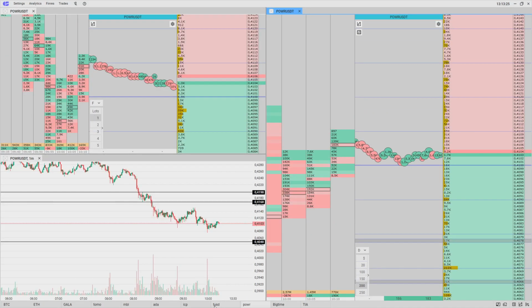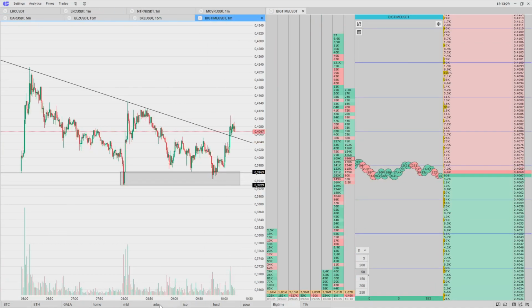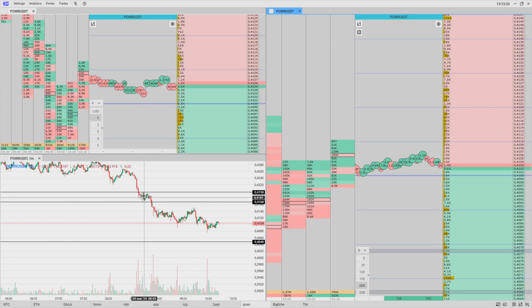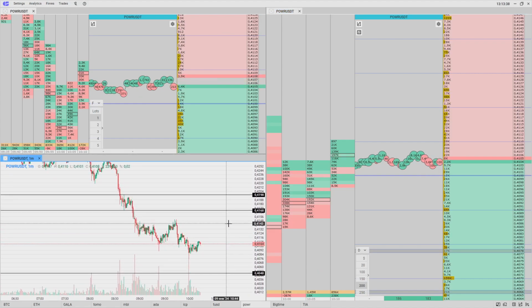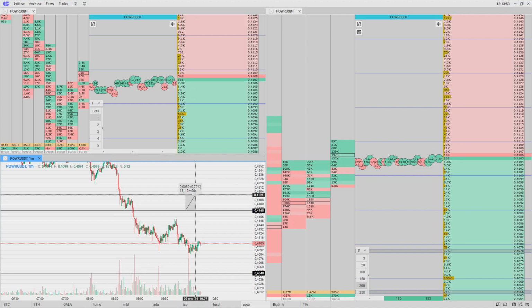Let's try to find something. I really like this zone. As you see, this zone. Let's imagine, for example, you have $50. You have $1 per trade stop, and let's calculate 0.72 plus 0.2. There will be 0.9.